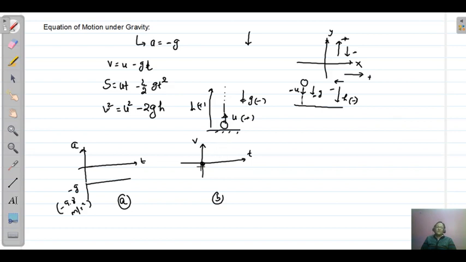That means velocity is negative and g is constant, that is 9.8 meter per second square. It means it is motion under constant acceleration. The velocity time graph of constant acceleration is an inclined straight line. So we will get the graph in this way.